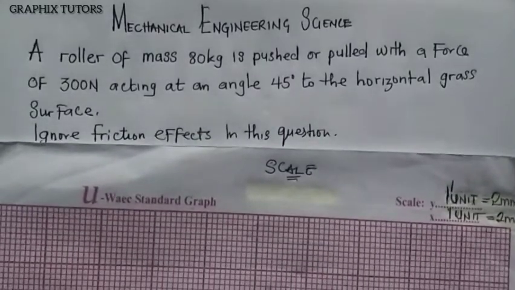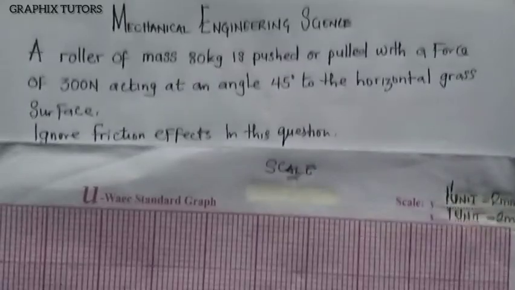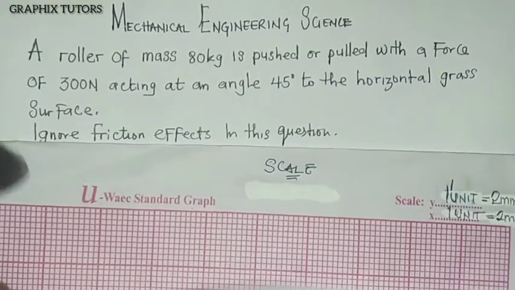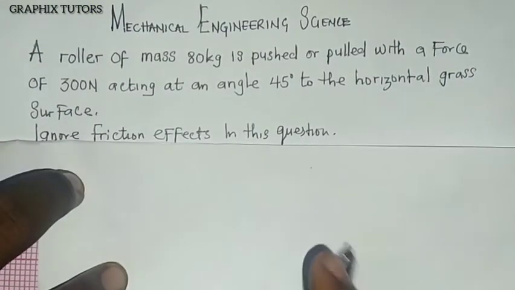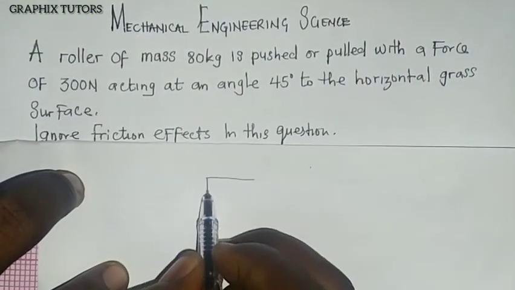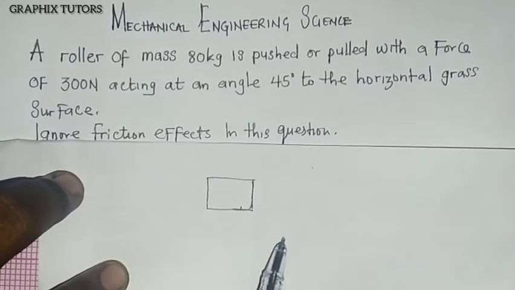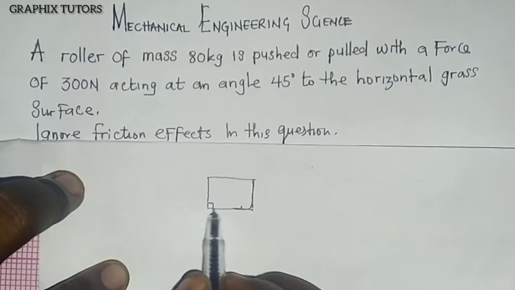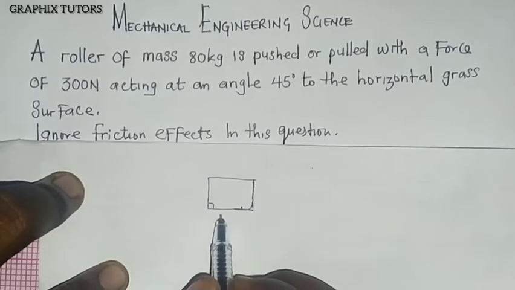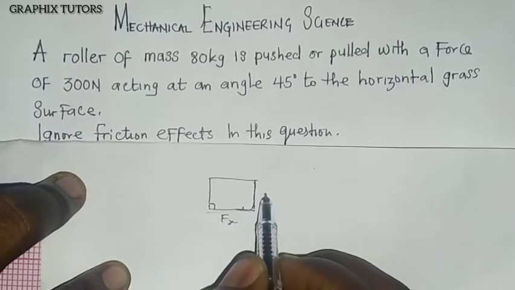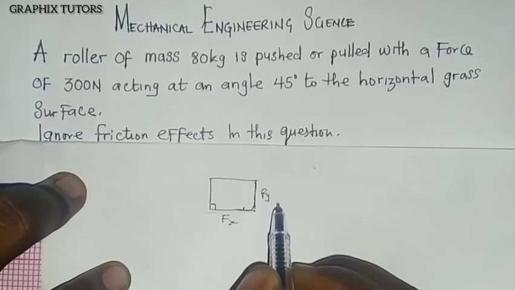So one thing I want to bring to your notice is this: if I have a square, we know all the angles in a square are 90 degrees, and the distance in the x-axis is equal to the distance in the y-axis.